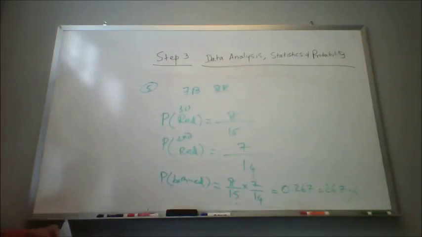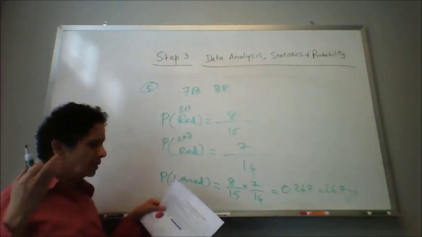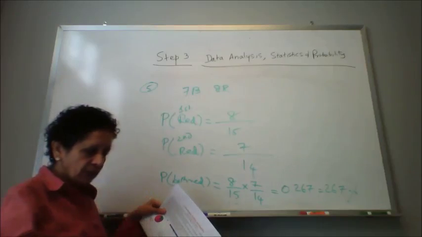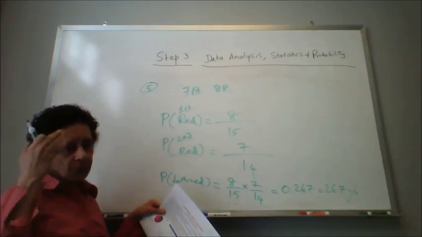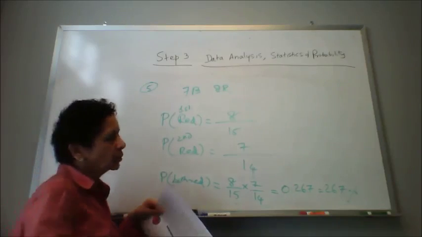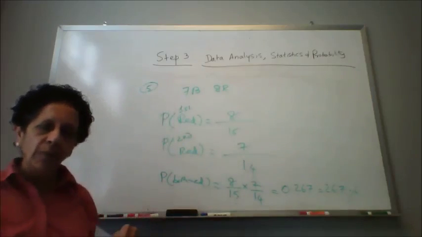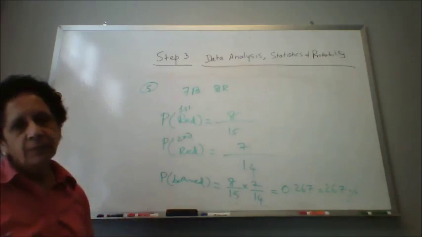So this you can actually intuitively, common sense, the first one, if I replace the ball, 28% chance that both are red. But here, I didn't replace it, so it's only 26%. So you expect a little bit lower likelihood or probability. That's what is happening, right?